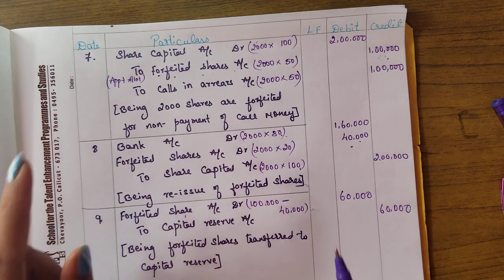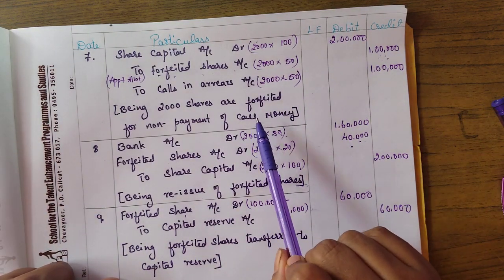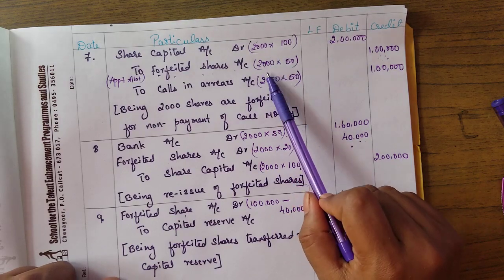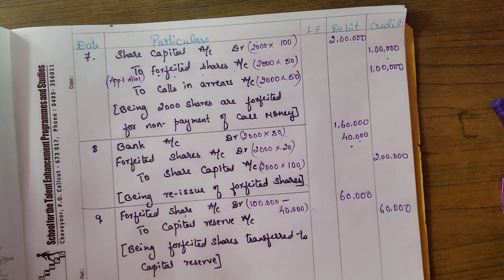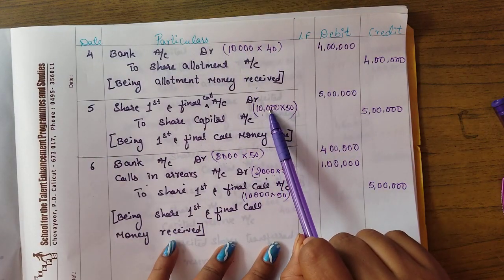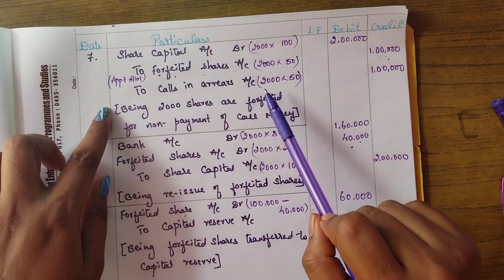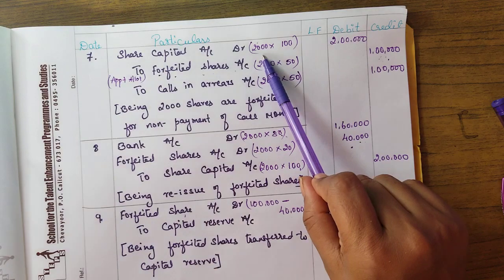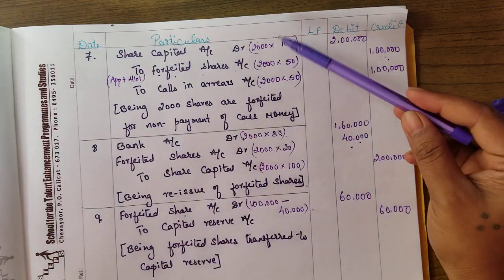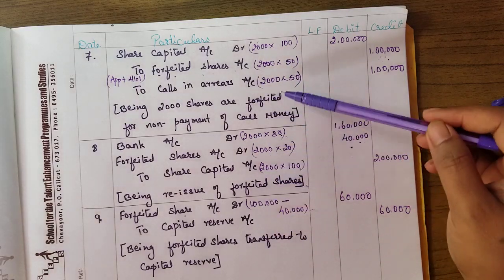Once the calls in arrears is created, in the next entry which is going to be forfeited, you are going to take only the number of shares which has been cancelled. You should not take the total number of shares, 10,000, where we have calculated everything on 10,000. But from the entry where you are going to do the forfeiture of the shares, from there onwards you will take only the number of shares which is cancelled, that is forfeited. All these 3 entries, learn the calculation.